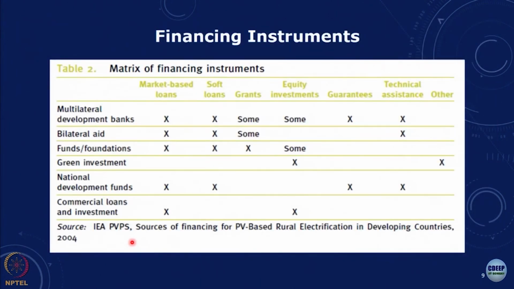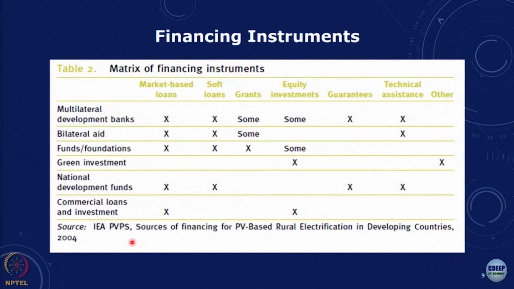There are many different financing instruments, and this is from an IEA report on PV projects. You can see that we can get funding for large solar photovoltaic projects or small rural electrification projects, and that they can come from multilateral development banks like the World Bank, the IMF, and the Asian Development Bank.